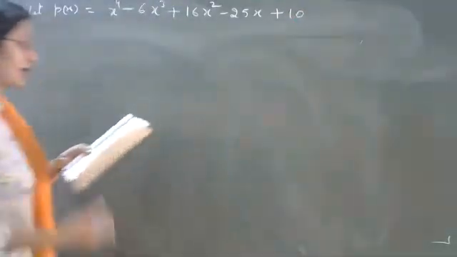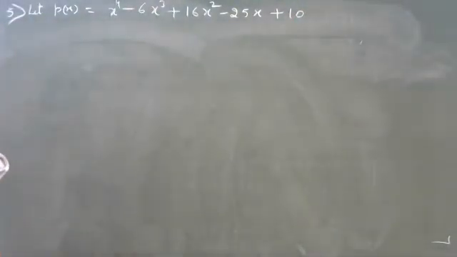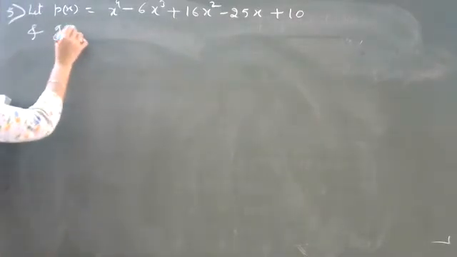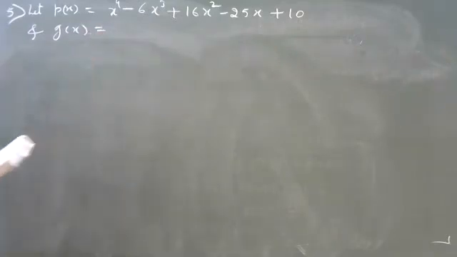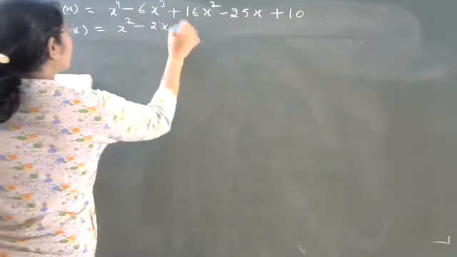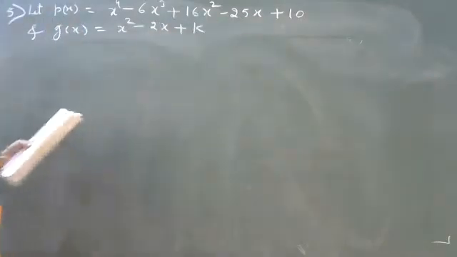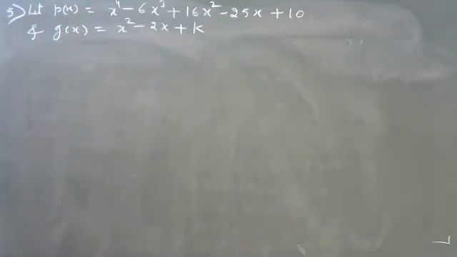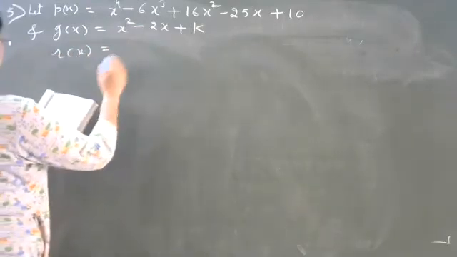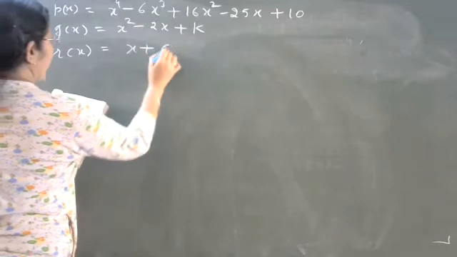It is the given polynomial. When it is divided by another polynomial, let gx, the divisor, that is x squared minus 2x plus a, it is the divisor. Then remainder comes out to be rx, की वैल्यू आपके पास क्या है, x plus a.